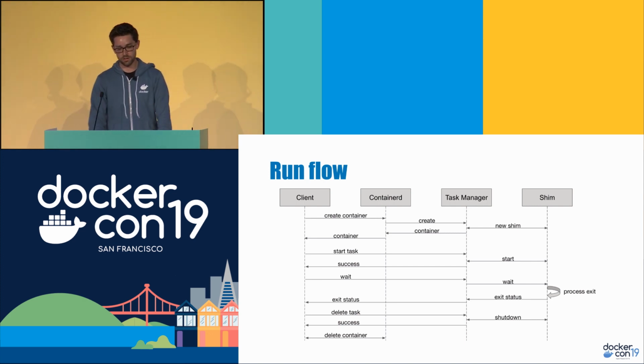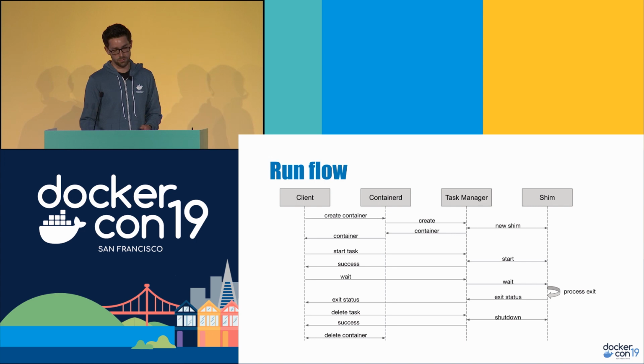But at that point, it's going to create this shim and then return back to the client with a container object. At that point, the client is going to talk using the task manager interface to create a task. The task manager is going to talk to the shim over that TTRPC connection and actually start the container process. And then it's just going to return back success to the client.